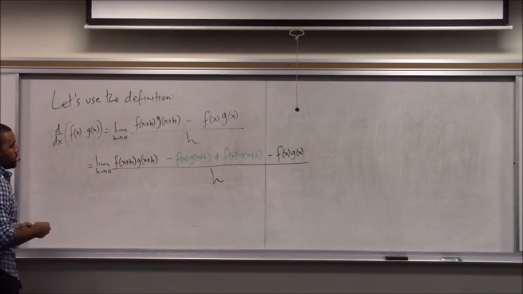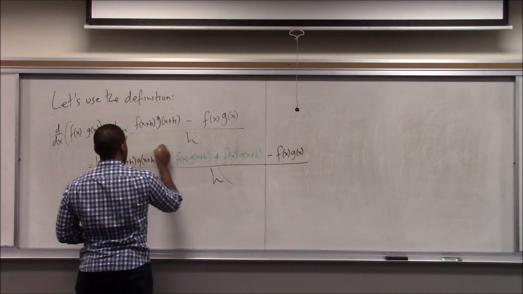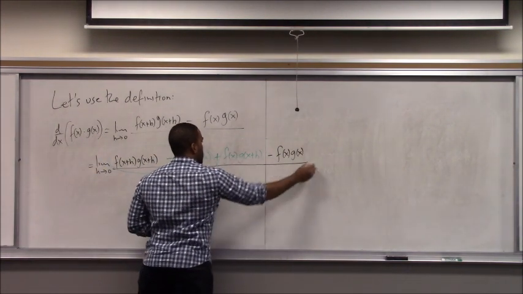And now, remember, we can split fractions across the numerator of a fraction. So I can split this big fraction into two fractions. I can split it into this one, and I can split it into that one.